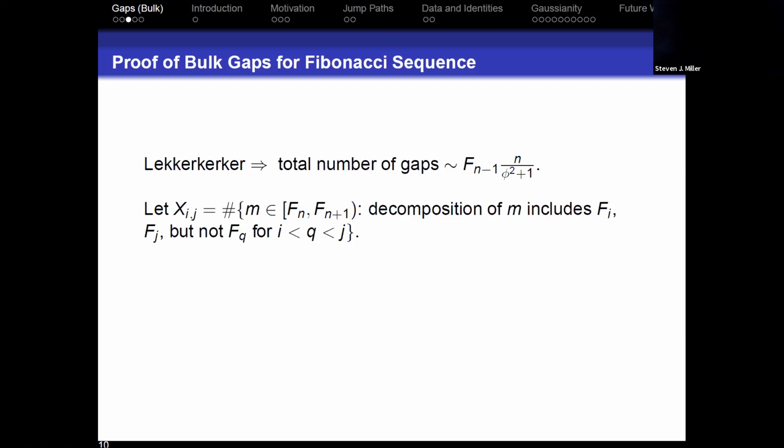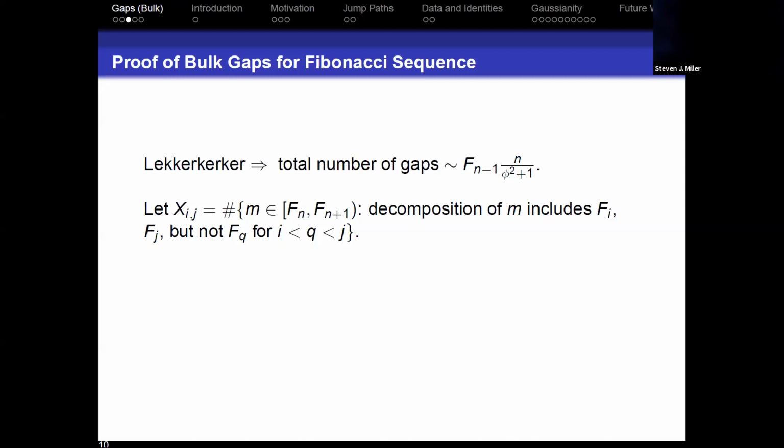So Xij is going to count how many numbers I have in my interval such that the decomposition of M includes Fi, it includes Fj, but it doesn't include anything between Fi and Fj. So this is essentially forcing us to have a gap between Fi and Fj.